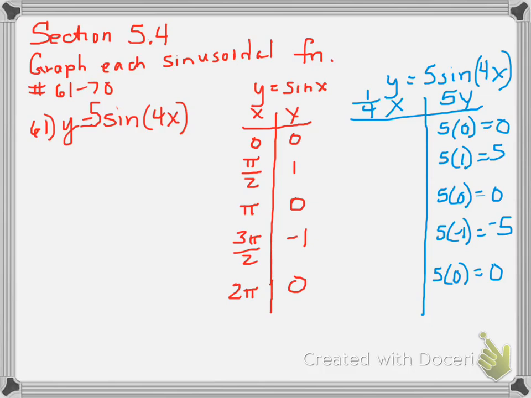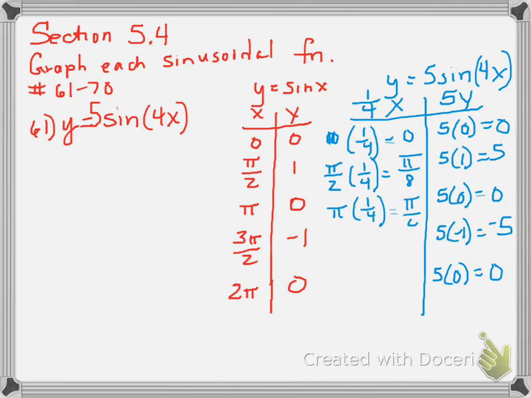So I have 0 times 1/4, which is 0. And then I have pi over 2 times 1/4, which is pi over 8. And then I have pi times 1/4, which is pi over 4.